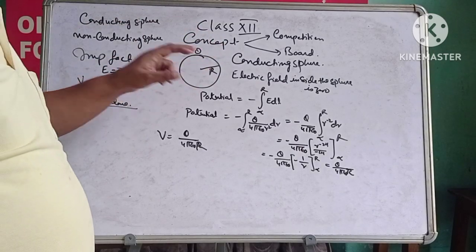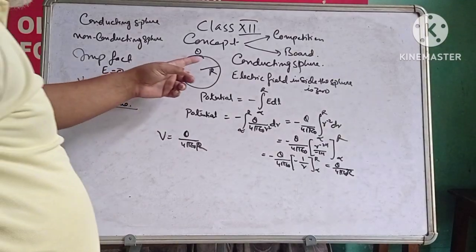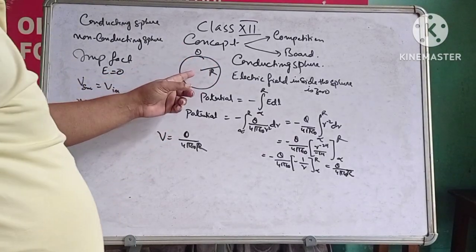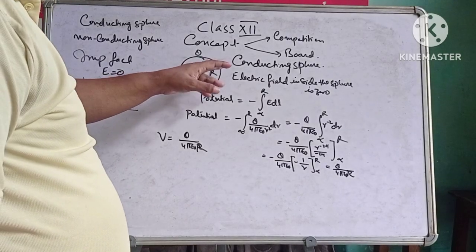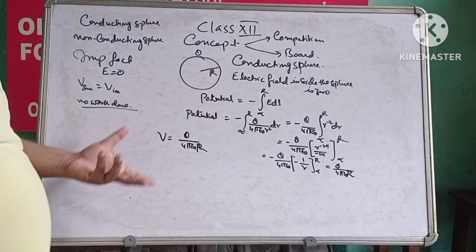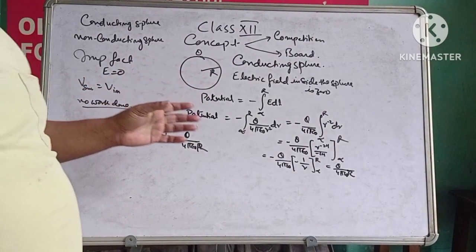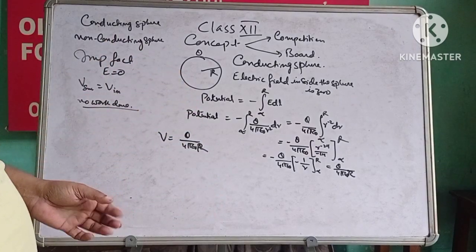But you see that the potential on the surface is this, and inside is also the same. So to move the charge inside the sphere, no work is done. That means the potential is the same. That means it is an equipotential surface.